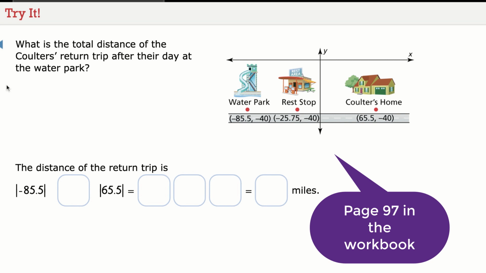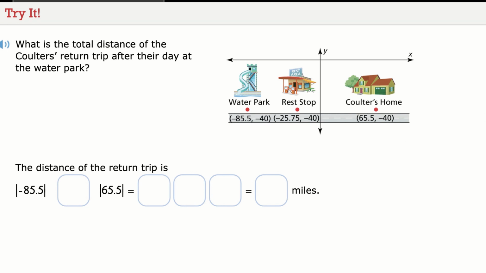What is the total distance of the Coulters' return trip after their day at the water park? So now we're going from the water park all the way home. So we need that total distance. And that's how they're setting you up here, giving you the 85 and 5/10 from the water park, the 65 and 5/10 from the house.